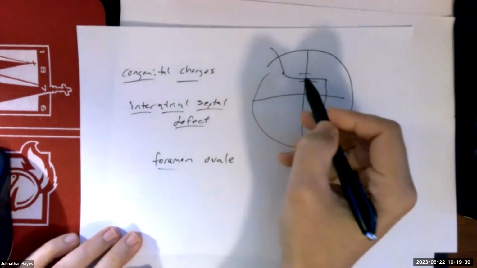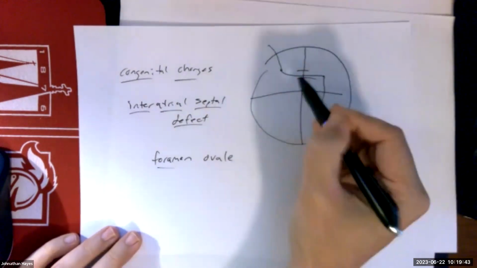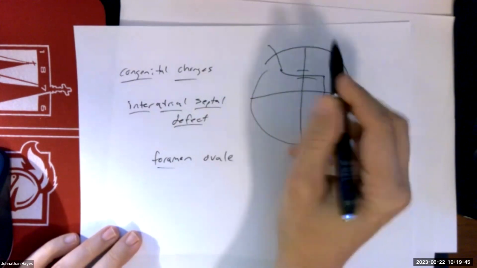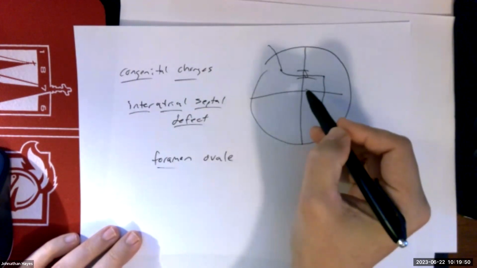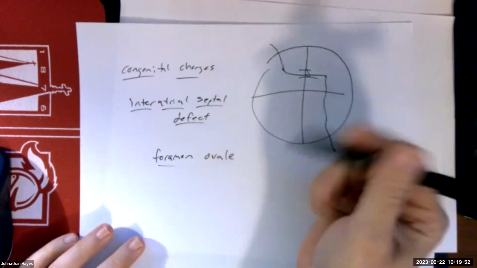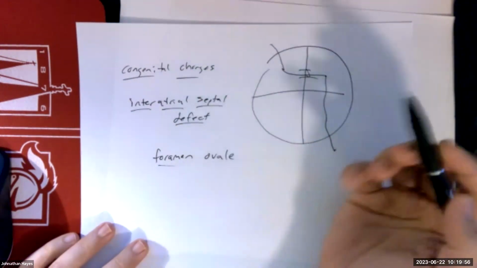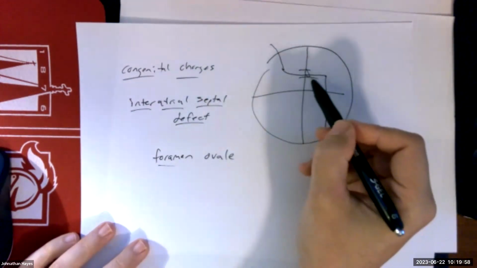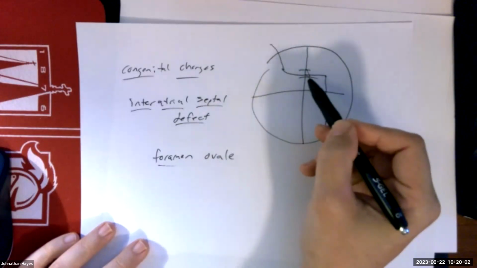So it's normal in the baby before it's born. But once that baby gets born, this thing will start to close off. And there's usually a little flap that'll grow and close down. That's essentially what creates the difference between an interatrial septal defect versus a patent foramen ovale. Did that flap even form the way it was supposed to and just didn't seal, or did it just not form, right?